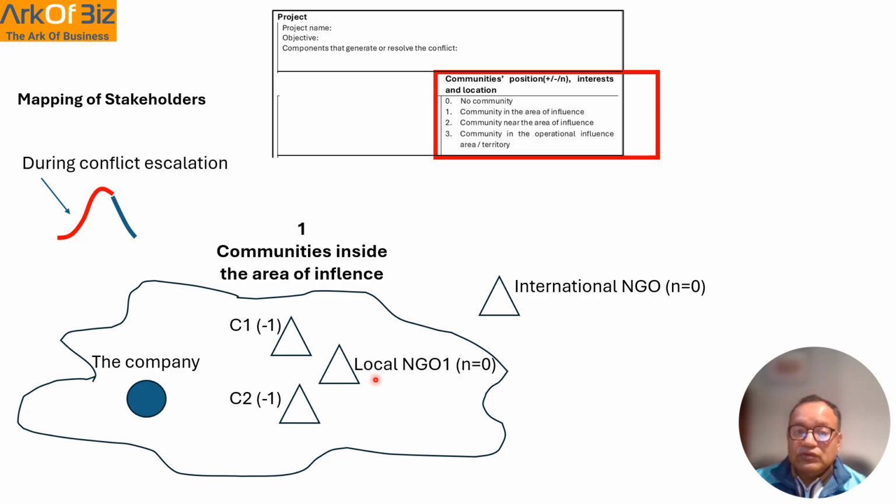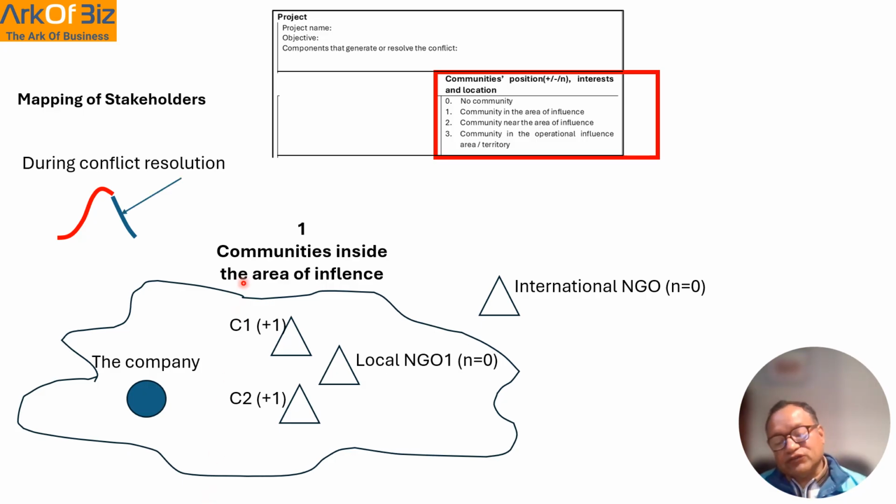And the 2 NGOs, the local and the international NGO, are assigned a value of 0 because they are neutral. They support communities rather than directly participating in the conflict. So this graph shows how community opposition and NGO support are represented in the stakeholder mapping during conflict escalation.